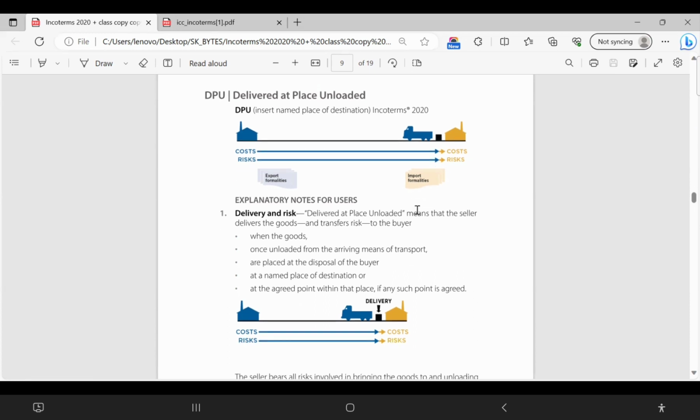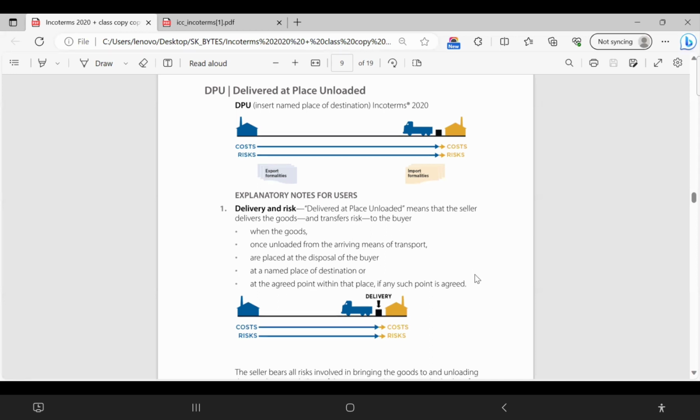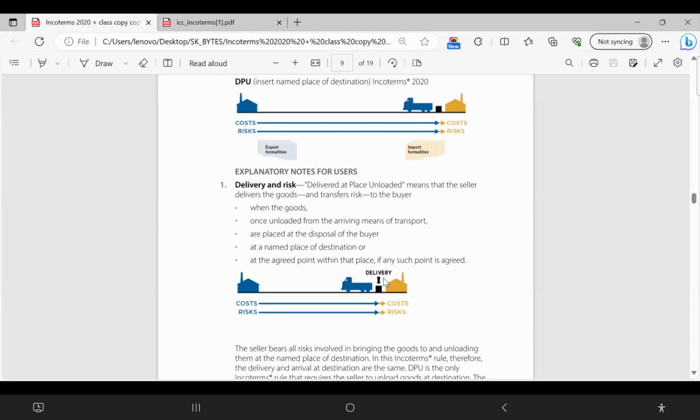Now, Delivered at Place Unloaded means the seller delivers the goods and transfers them to the buyer when the goods, once unloaded from the arriving means of transport, are placed at the disposal of the buyer at the named place of destination, or at an agreed point within that place if any such point is agreed. So the delivery is happening here.